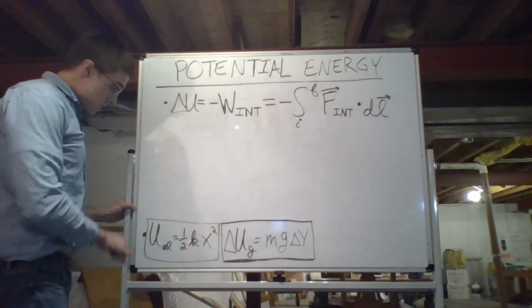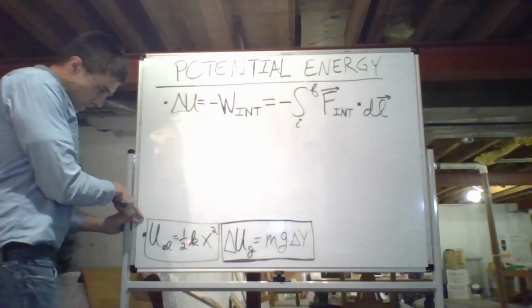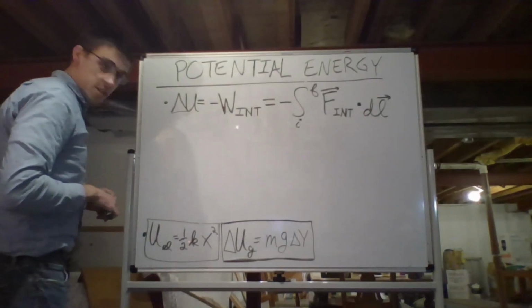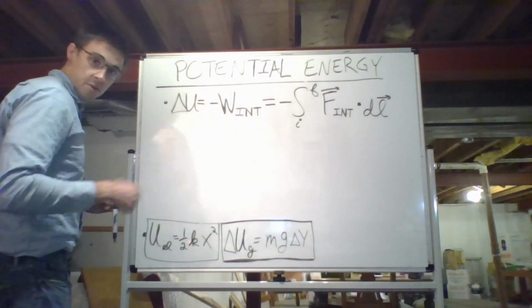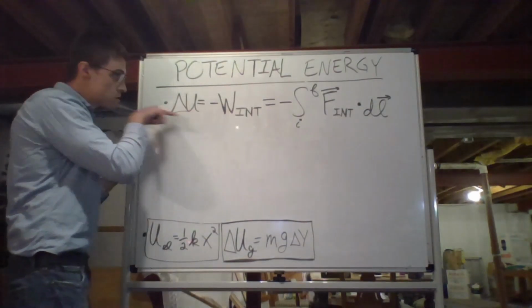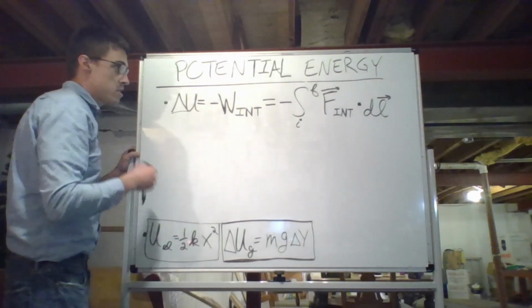So here I wrote down the two different kinds of potential energy that we've talked about so far. We talked about elastic potential energy and about gravitational potential energy for an object which is a distance above the ground. And here is the general definition of potential energy for some force.